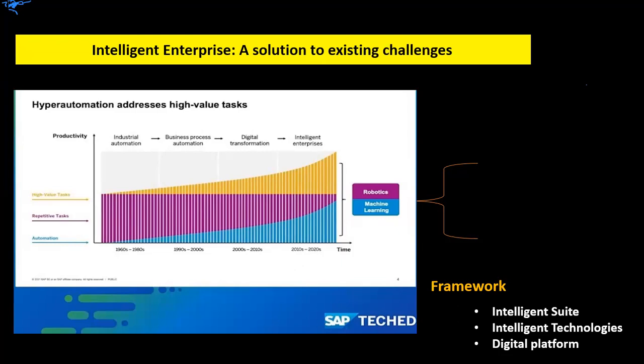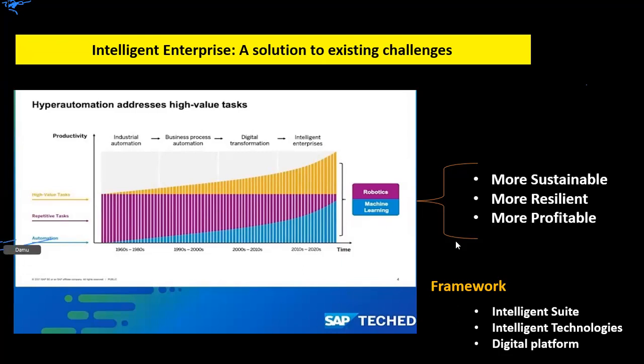But at the same time, all these enterprises have to sustain in the market. Although these challenges are there, they have to go ahead in the market compared to their competitors. So more sustainability is required, more resilience is required, and of course finally it is going to generate a profit for them.